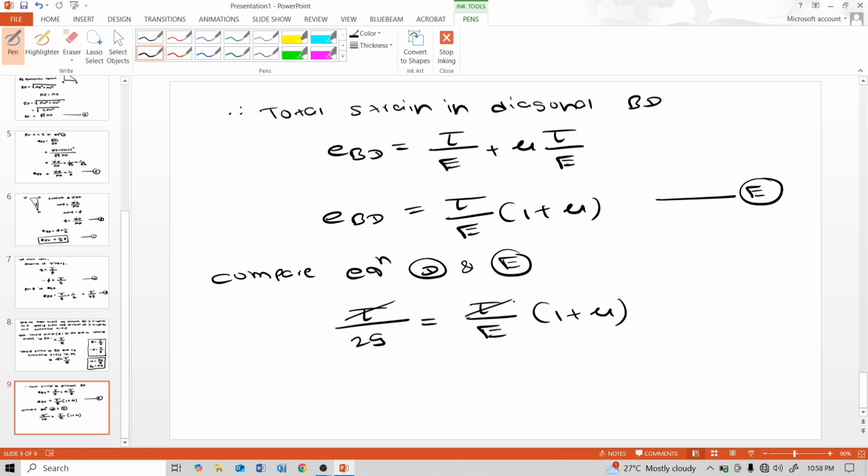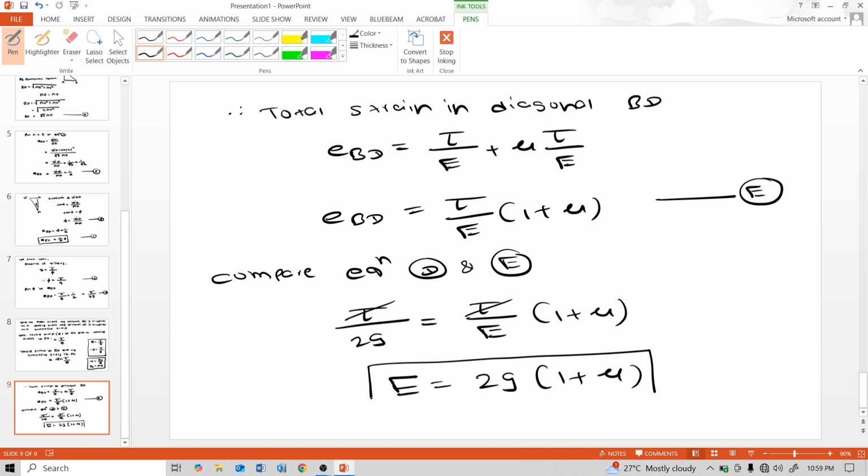Tau gets cancelled. E is equal to 2G into 1 plus mu, and this is the relation between Young's modulus and shear modulus.